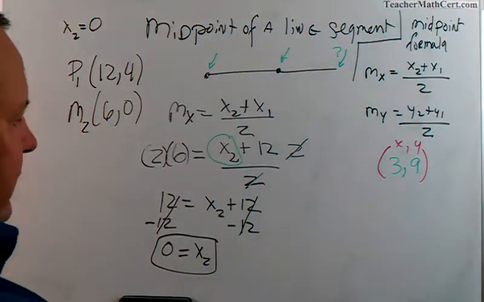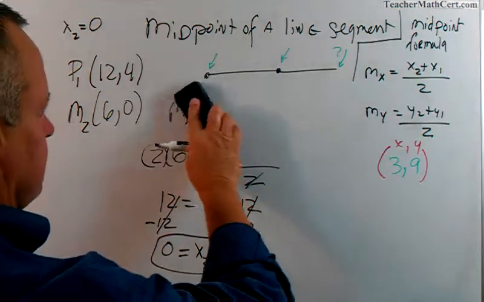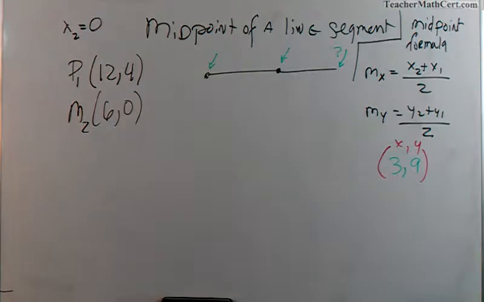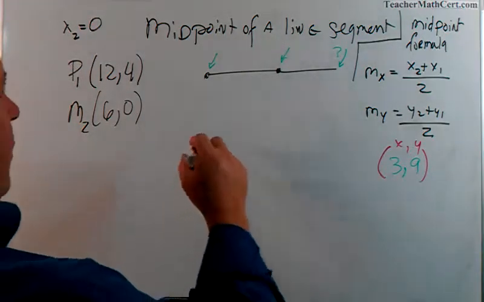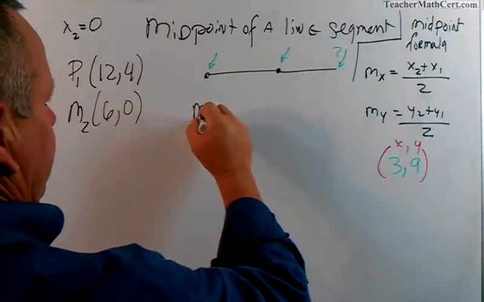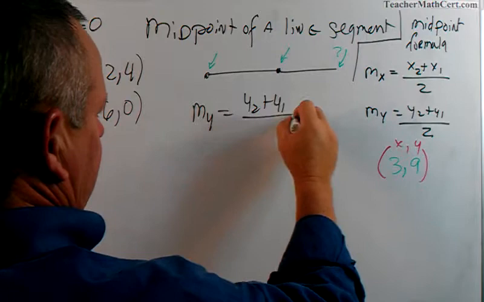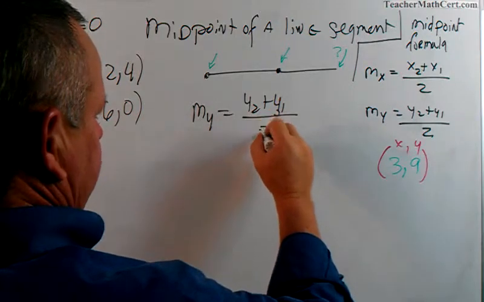Now we need to do the same thing for the y. Okay, plenty of time. So we're going to solve for y. M sub y is equal to y sub 2 plus y sub 1 divided by 2.